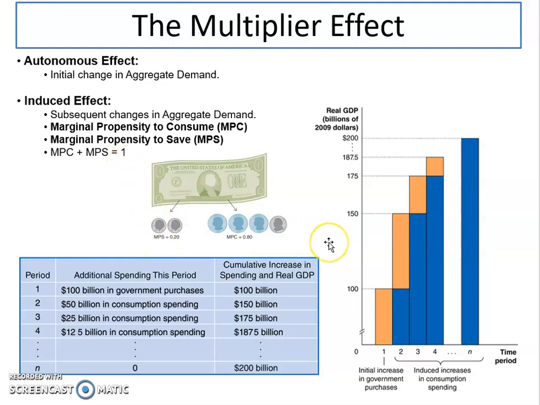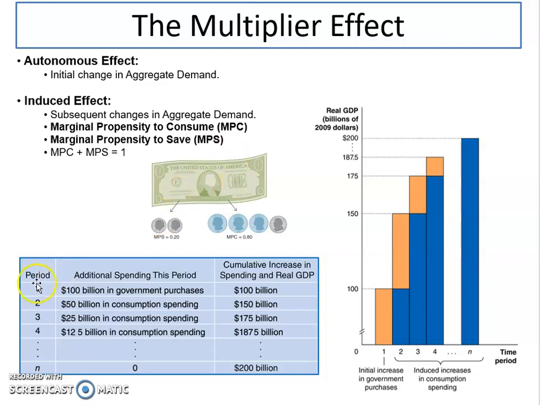Now with that, the induced multiplier effect is going to depend on the marginal propensity to consume and save. And what we're going to see is the higher the marginal propensity to consume, that is, the lower the marginal propensity to save, the more pronounced the multiplier effect is going to be.